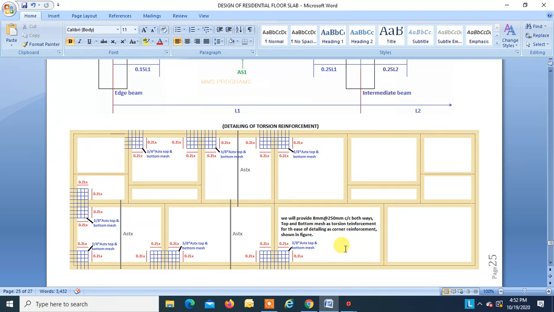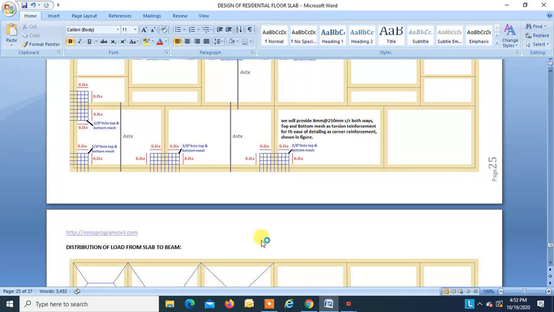But I like to keep things easy, so I prefer to keep the spacing of the bars of the mesh the same, whether it is over here or over here or over here. Okay. So this is how you can provide the torsional reinforcement, right?